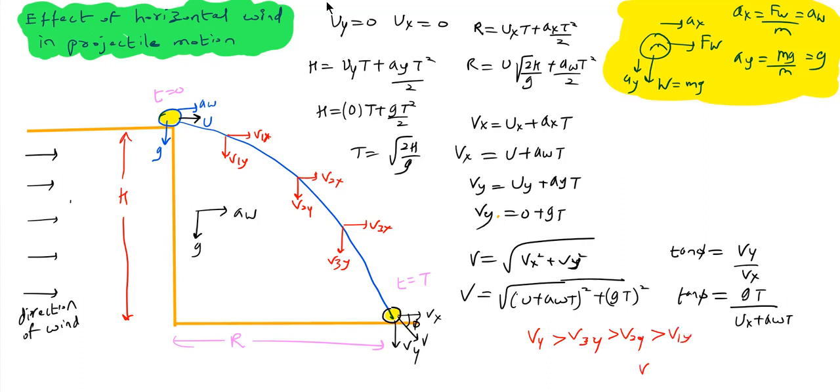Similarly, Vx greater than V3x, greater than V2x, greater than V1x, greater than u. Now, this is very important. Due to acceleration along the y-axis, the velocity will keep on increasing. Due to acceleration along the x-axis, the horizontal component of velocity also will keep on increasing, because of the effect of wind. If the wind blows horizontally, yes, we can use this condition.